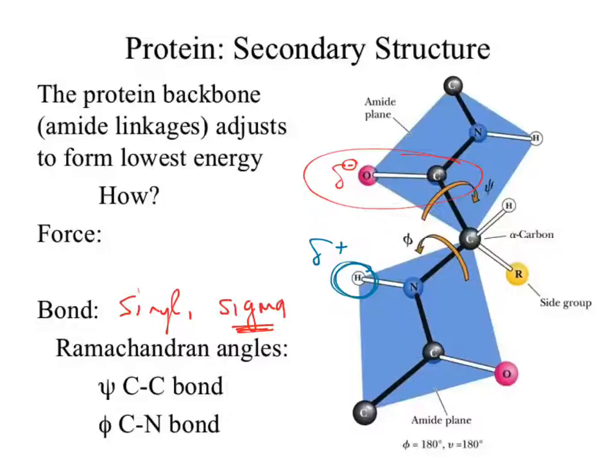However, is there a stronger force than the dipole-dipole? The hydrogen bonding. So what we want to focus on are our strongest forces, and then we can move down into our weaker forces. We have that partial positive hydrogen, meaning if I adjust the bond angles around my backbone, I can start to bring the partial negative of my carbonyl closer or further from a partial positive from the amide nitrogen hydrogen bond.